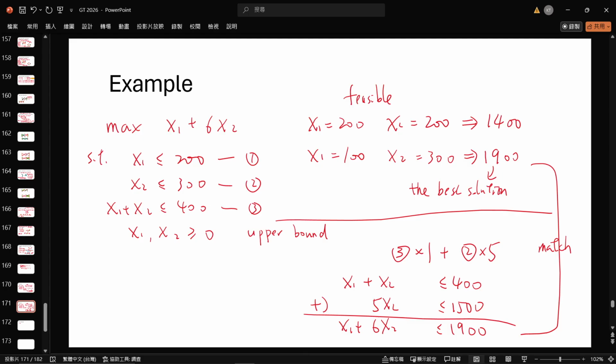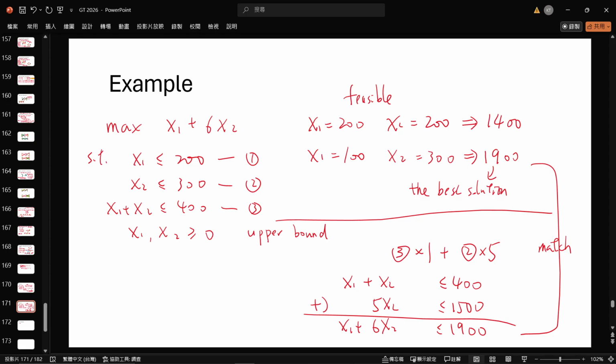And what is this? This is the sum of the right-hand side, because now we have some constraints, and we only consider the right-hand side. We want to find the sum of the right-hand side and minimize it. By giving different weights to different constraints, I can adjust the right-hand side.